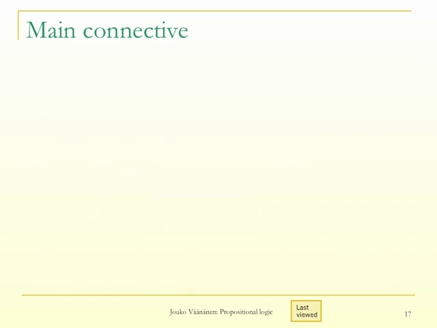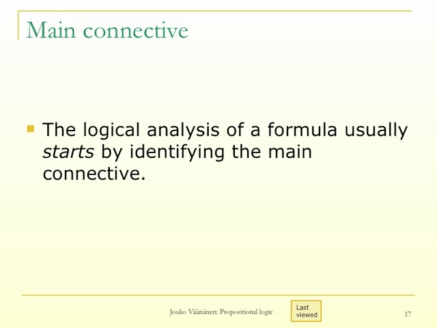The logical analysis of a formula usually starts by identifying its main connective. Therefore, the first thing a logician does upon seeing a formula is to locate its main connective, and depending on this connective, the logician decides on further action.